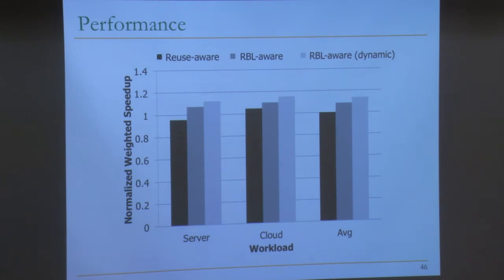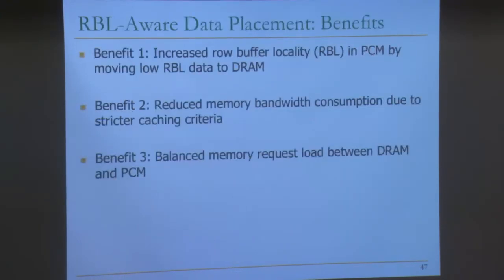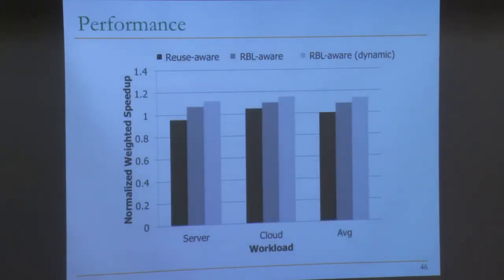And the rightmost bar is if you adjust these thresholds for how much am I missing in the row buffer, how frequently am I accessing data, dynamically to suit the workload. And you can see that it's possible to get a lot more performance benefit. And this is just looking at performance. So we can also reason about these in terms of different metrics.